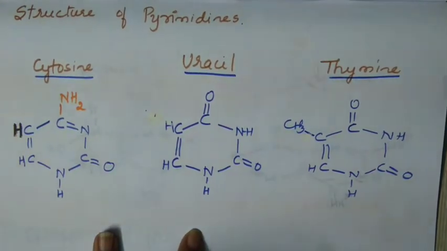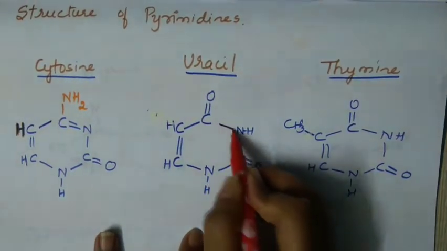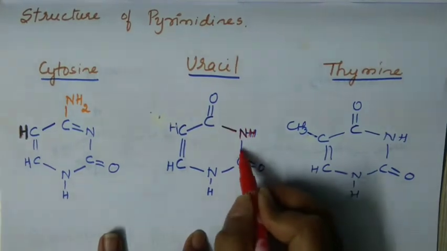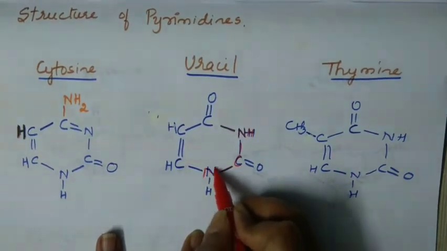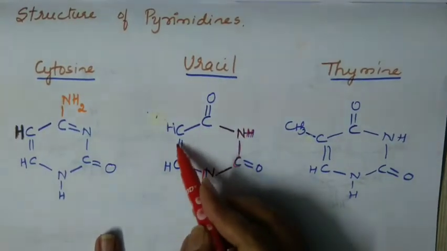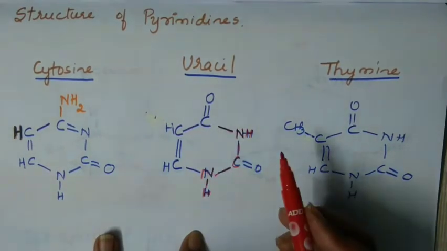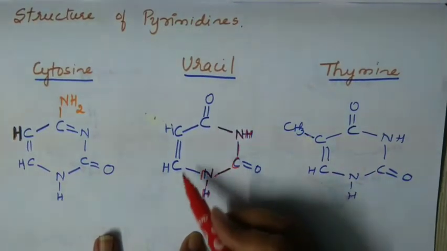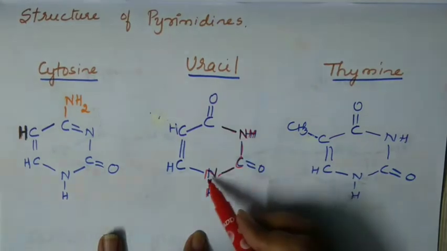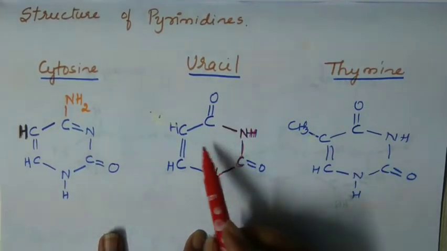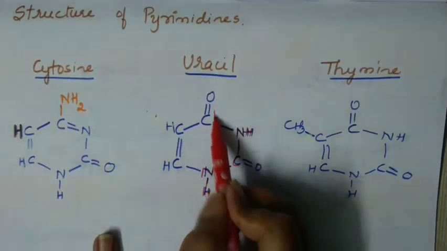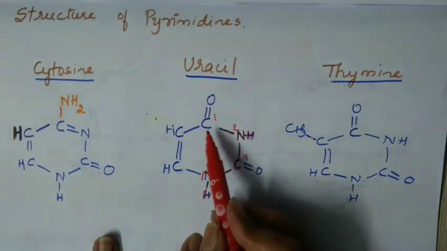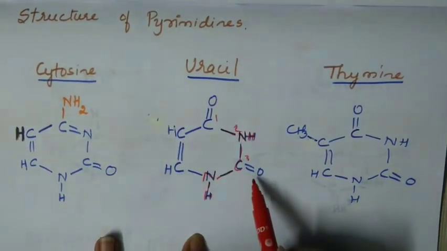Okay, on this side you have NH, C, NH. On the other side you have 3 carbon atoms. Okay, so it appears like benzene, but here you have 2 nitrogen atoms. On carbon number 1 and carbon number 3, you have a C double bond O group.